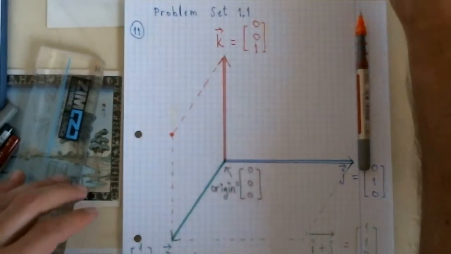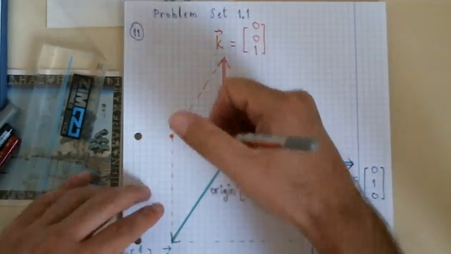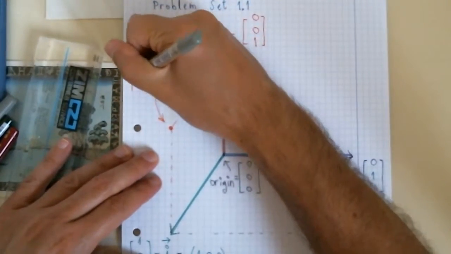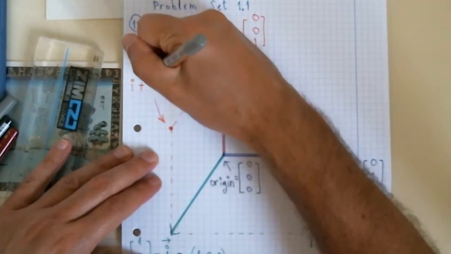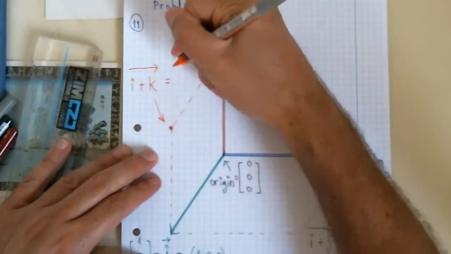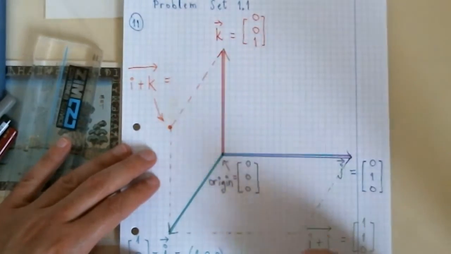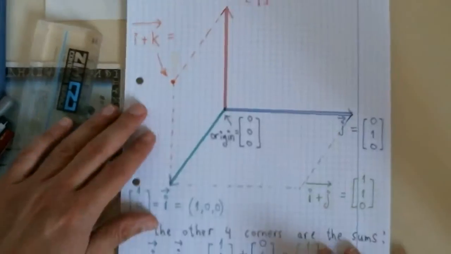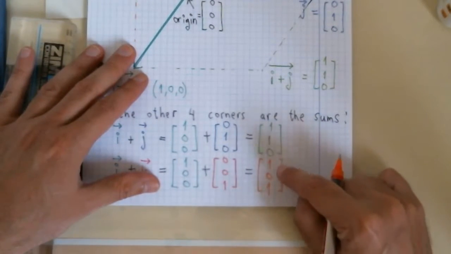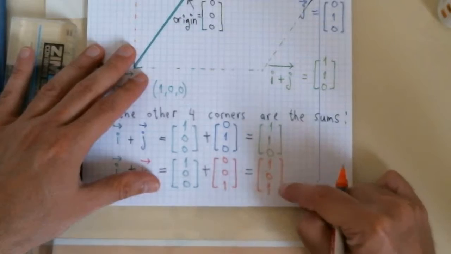Okay, so the orange point is I plus k, which is a vector which equals 1, 0, 1.